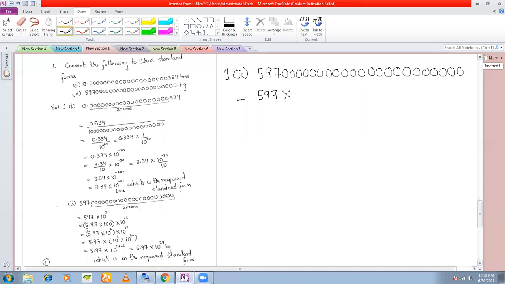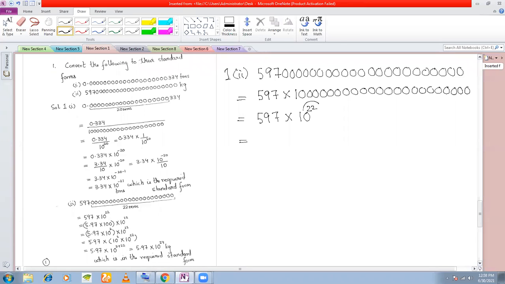If you separate the number of zeros, you will get how many zeros? 22. That means you can write 1 and then followed by 22 zeros. Right? 22 zeros. That means since you have 1 followed by 22 zeros, you can write this as 10 to the power of 22, right?